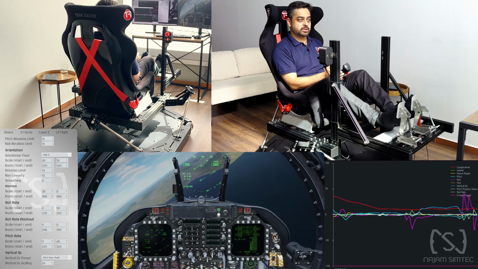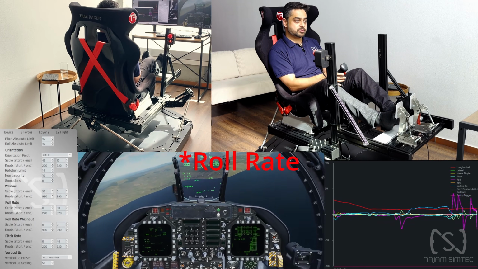Right, and as you can see, it's only the pure roll angle that's now being captured.